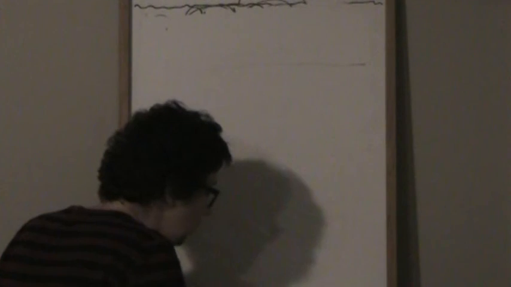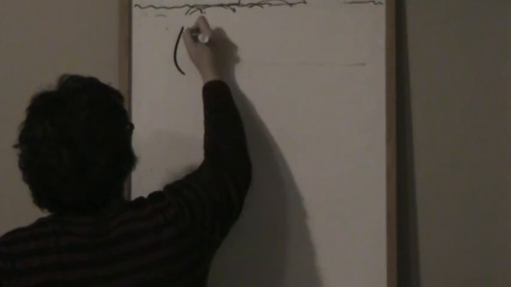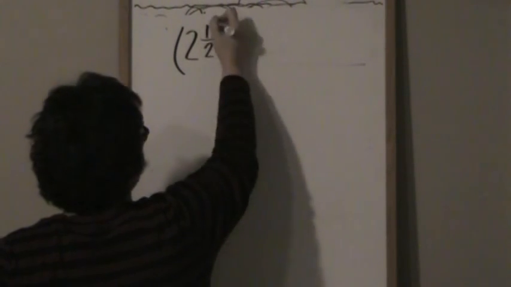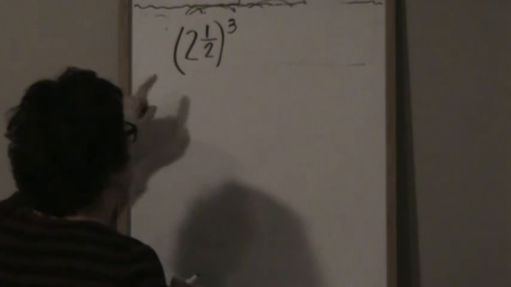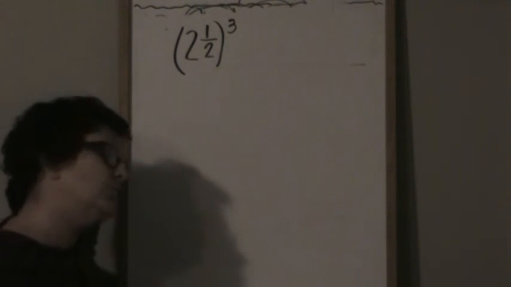All right, that was number 26. Okay, number 27 is interesting. 2 1/2 to the third power. Okay? So that's going to mean 2 1/2 times 2 1/2 times 2 1/2. Okay?